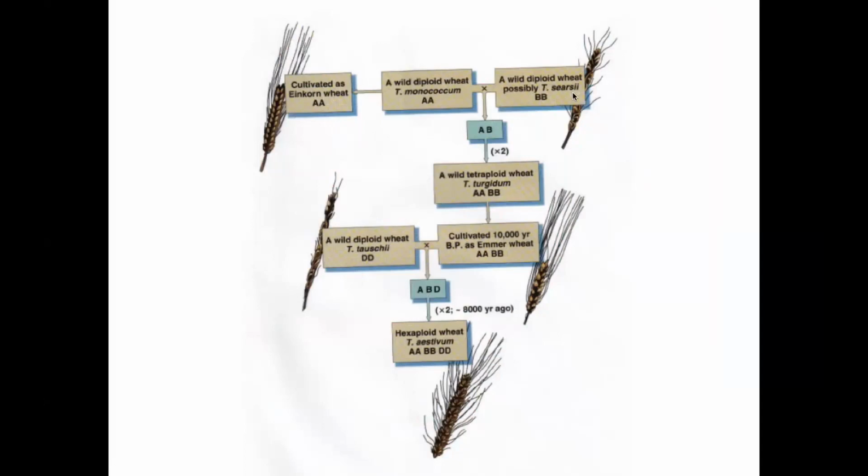So these two closely related species could cross-hybridize and generate sterile progeny plants. And again, among some of those plants, there was a random spontaneous chromosome doubling event that restored fertility and created a new species.